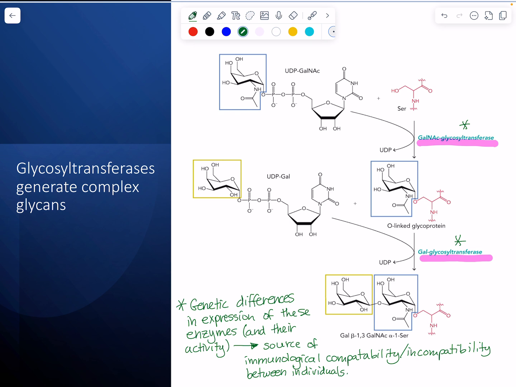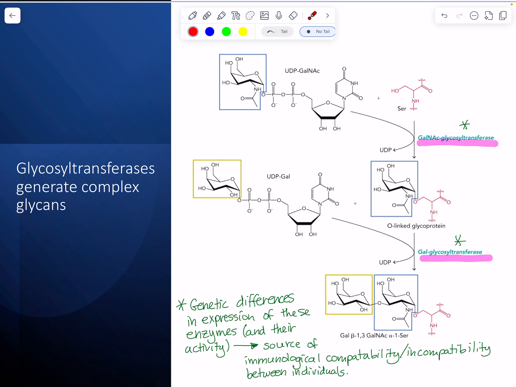And the reason that these enzymes are important in that is because they're going to control the oligosaccharides that get displayed on the molecules on the surfaces of your cells. For example, we'll talk about red blood cell compatibility, okay?